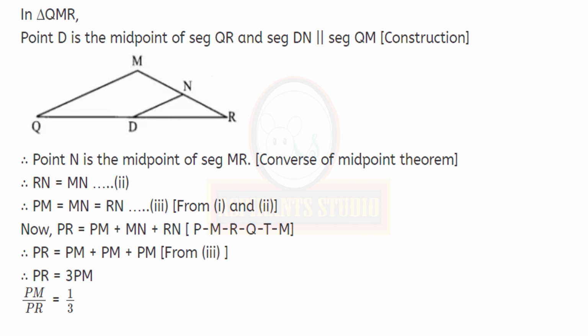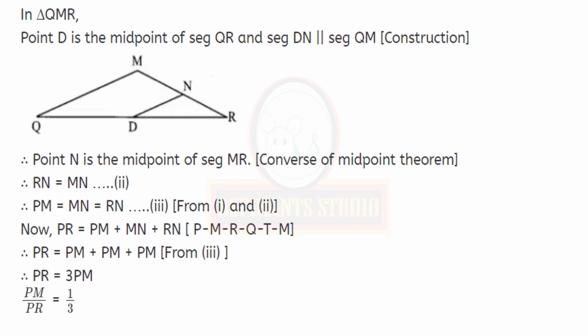Now PR can be written as, here the reason should be written like this: P hyphen M hyphen N hyphen R. Write properly. That is wrong. So PR is equal to PM plus MN plus RN because the reason will be P hyphen M hyphen N hyphen R. Therefore, PR is equal to PM plus PM plus PM because of equation 3.